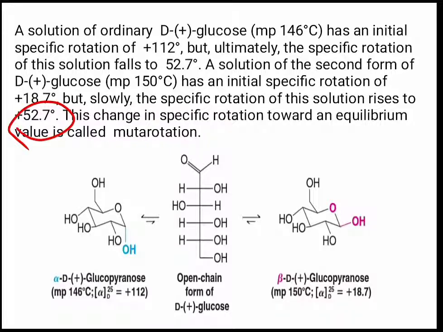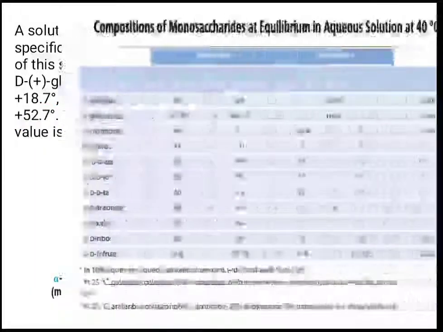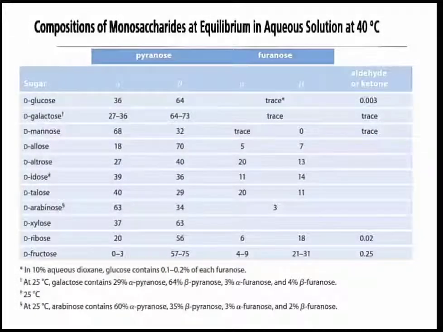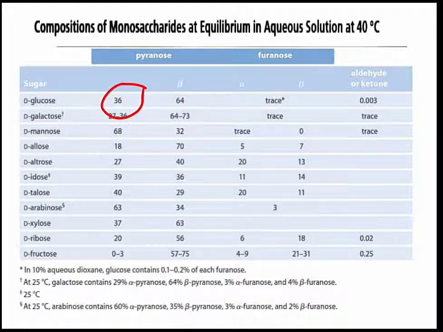That means something is happening which is converting these two into one another. This change in specific rotation toward an equilibrium value is called mutarotation. Now I have shown a chart where you can see in case of glucose, at equilibrium, the alpha form contains 36% and the beta form has 64%.